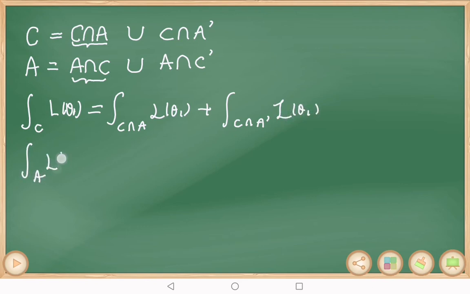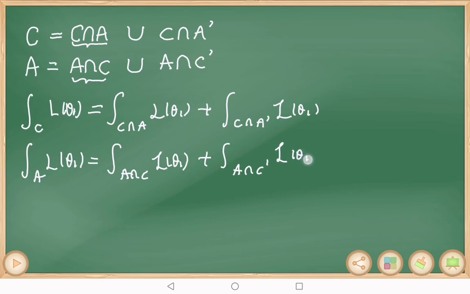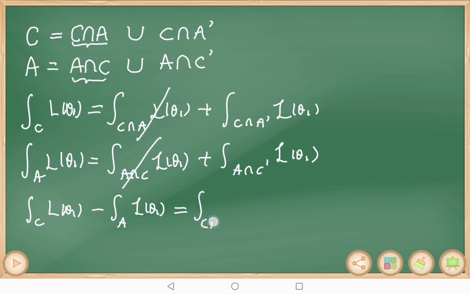And similarly, we have A intersect C plus this. So then if we take the difference between these two integrals, here you can cancel, so you basically have the difference between these two integrals, but the region of integration is different.